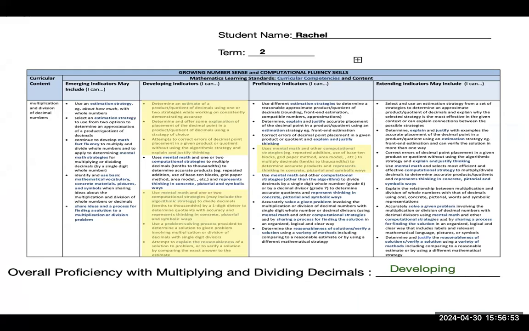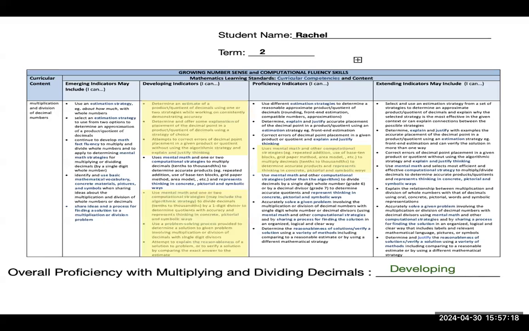And so this is a fictitious student, Rachel, where we're noticing that she can proficiently work with multiplication in many strategies for computation and mental math, but we want to encourage her to do so also with division.